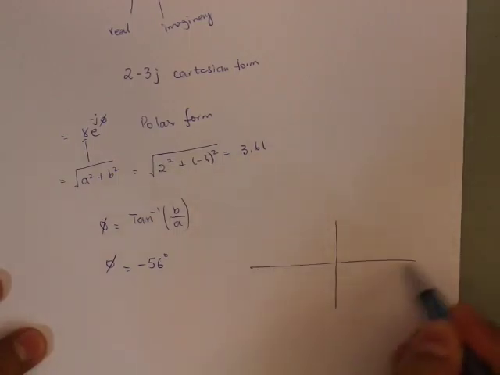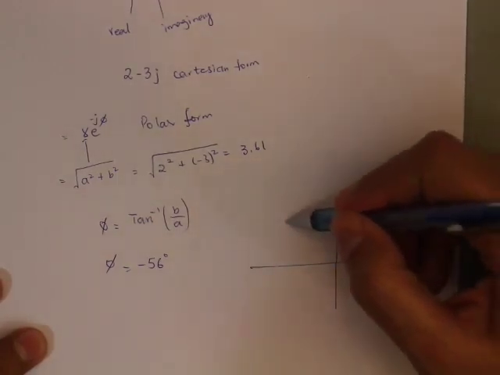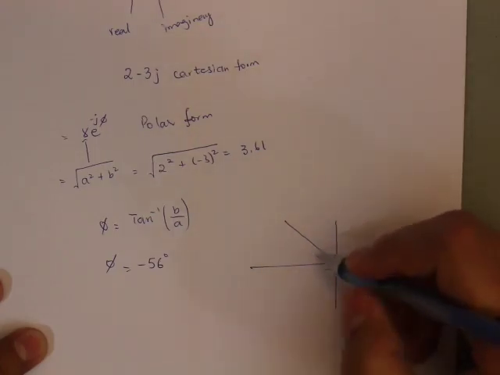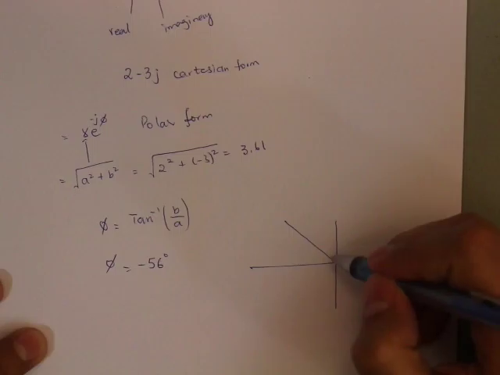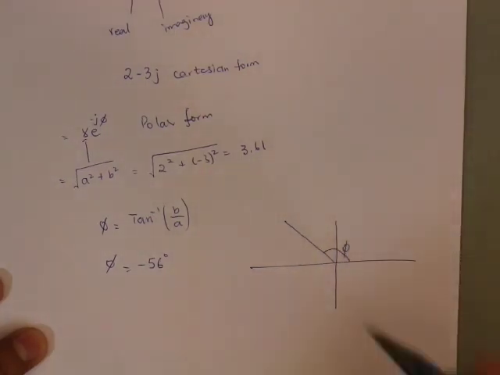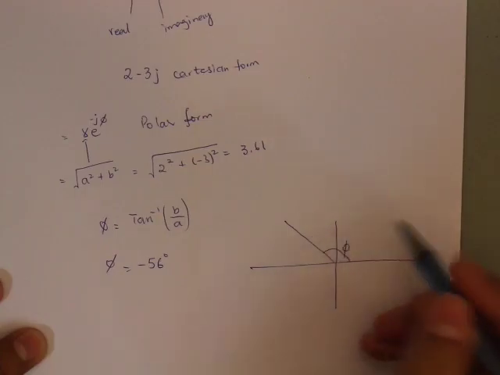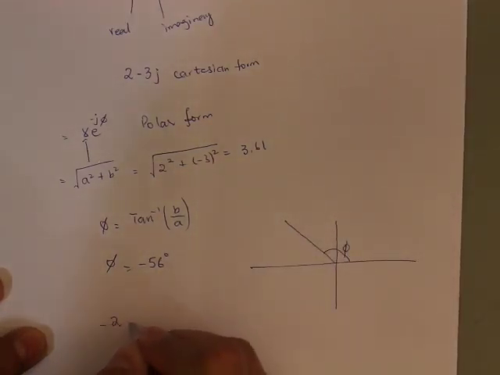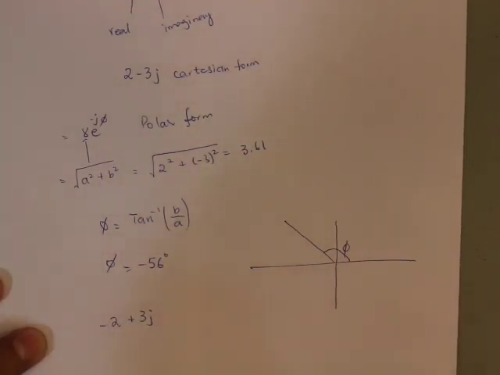For example, if I have numbers which are in the second quadrant, and I have to find phi, let's make up numbers, for example, our Cartesian are -2 and +3.